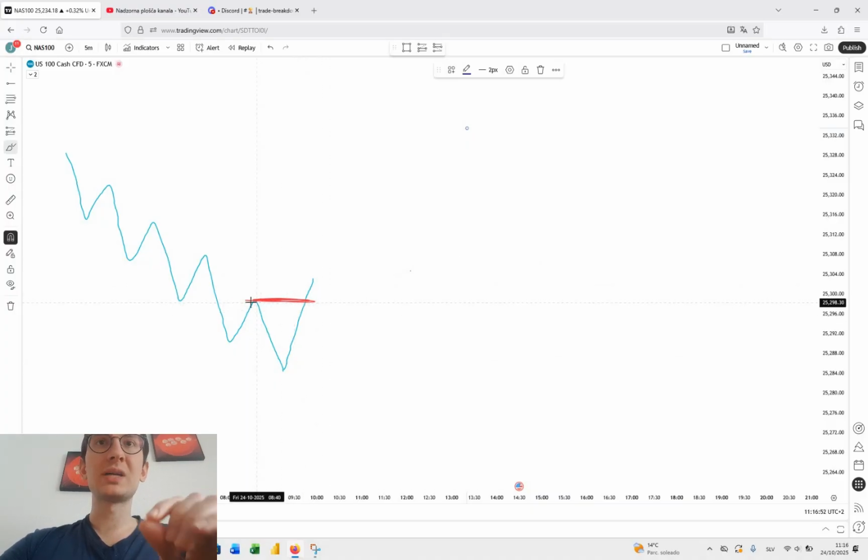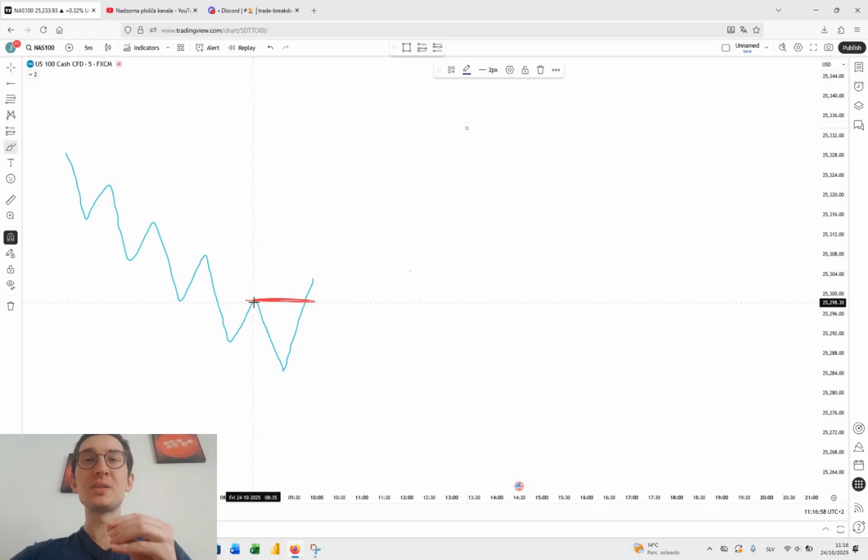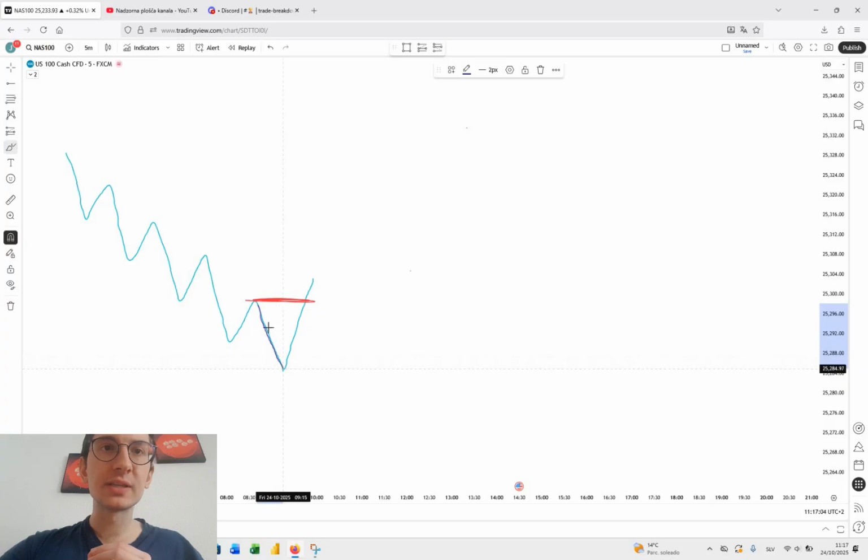So what is an order block in this example? It's the last move downwards that happened before breaking the structure. So order block is just this massive block of orders that happened when the last move downwards happened.